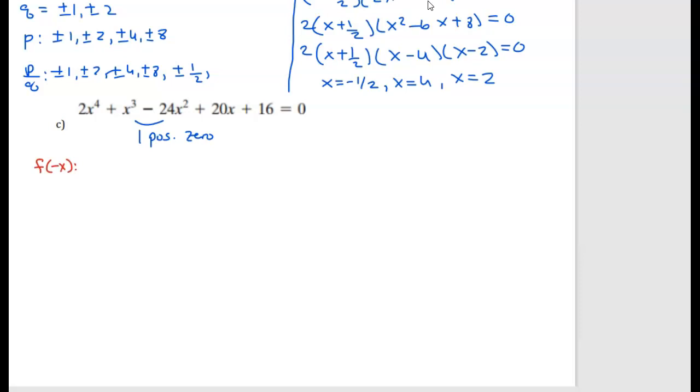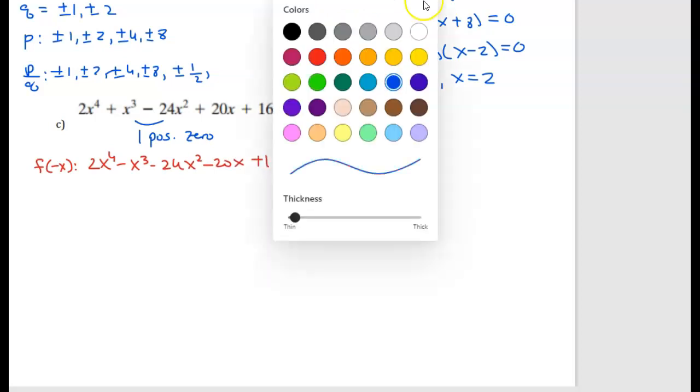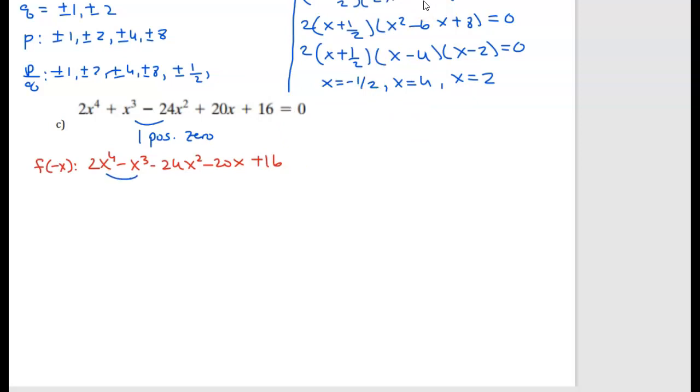So all the ones with even powers stay the same, but the ones with odd powers change sign. So 2x to the 4 minus x cubed minus 24x squared minus 20x plus 16. And let's count the sign changes. 1, 2. So we have either 2 or 0 negative zeros.